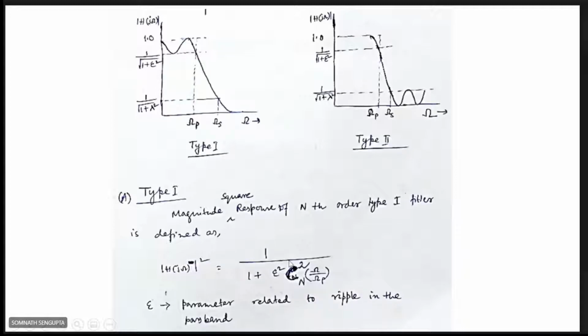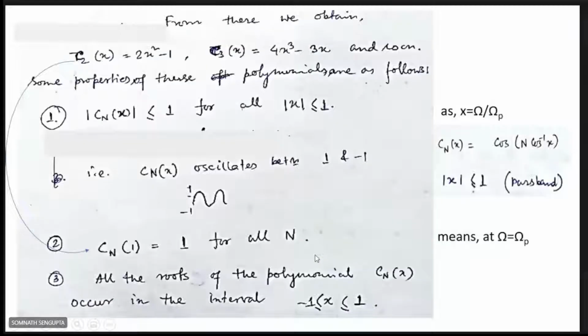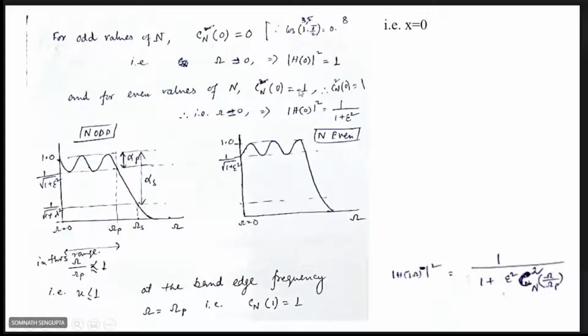Now when n is even and x is 0, the angle is again pi by 2 times n, that is 2 pi by 2, 4 pi by 2, 6 pi by 2.